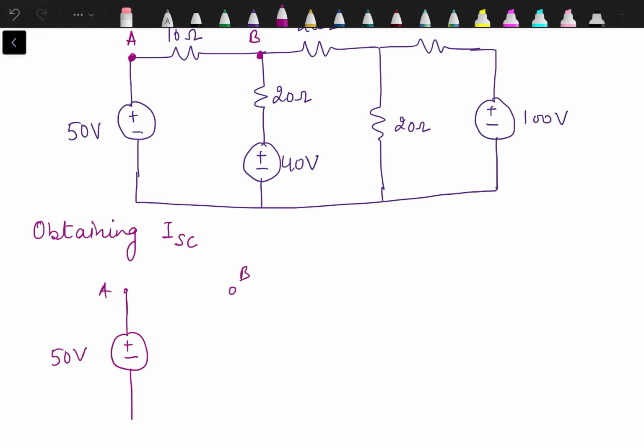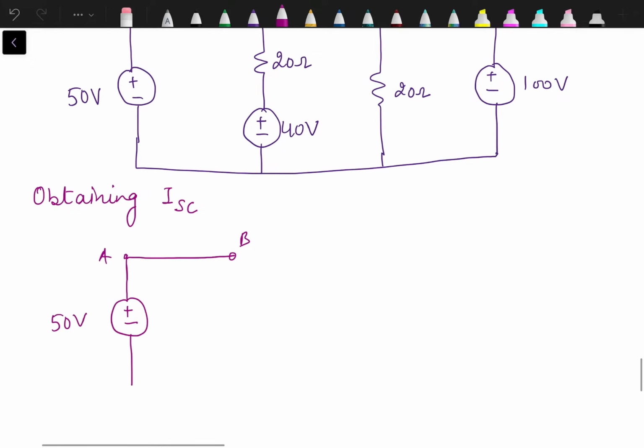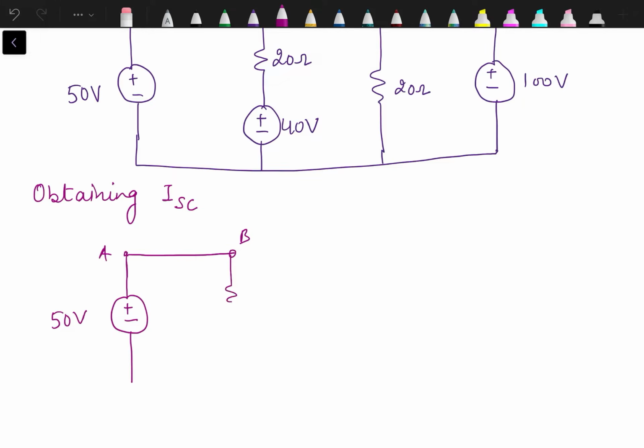A, B, this 10 ohm resistance will be replaced by a short circuit. The rest of the circuit will remain as it is.